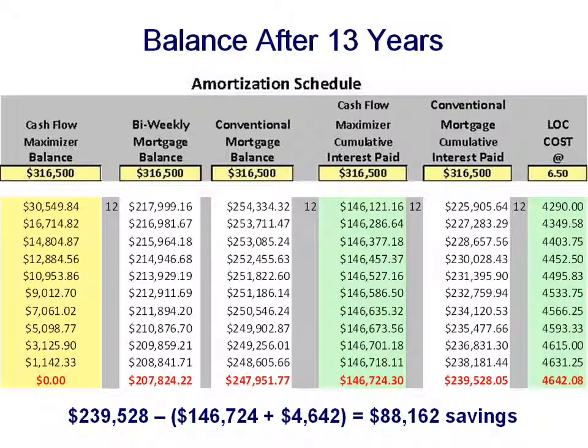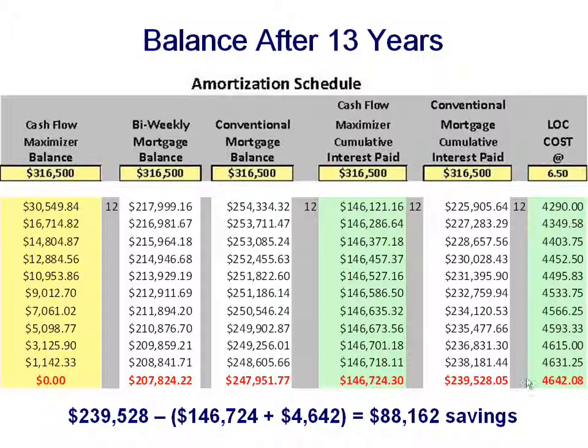All right. Now, as you can see from this mortgage amortization schedule, at the end of 13 years, Joe would have paid out about $239,000 in interest using the conventional method. However, using the cash flow maximizer strategy, he only ends up paying $146,000 in total interest expense.